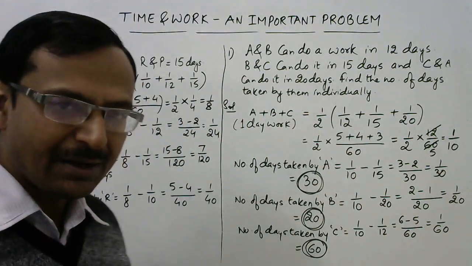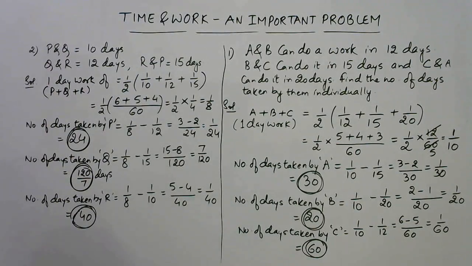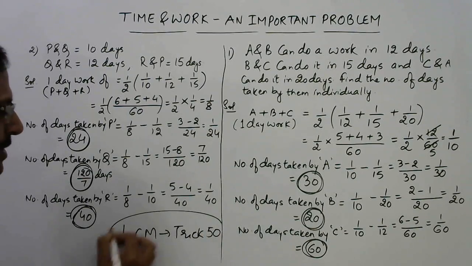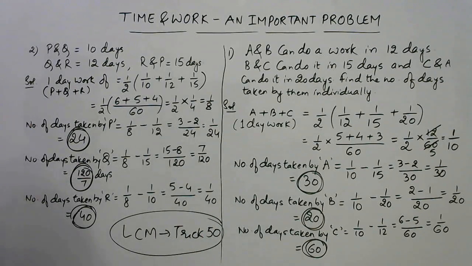So for finding the LCM mentally, you can watch trick number 50. This is a trick in which you are taught how to find the LCM of 2, 3, 4 numbers orally.